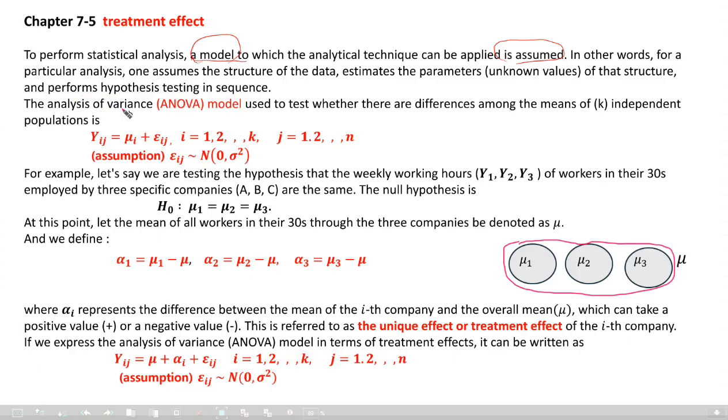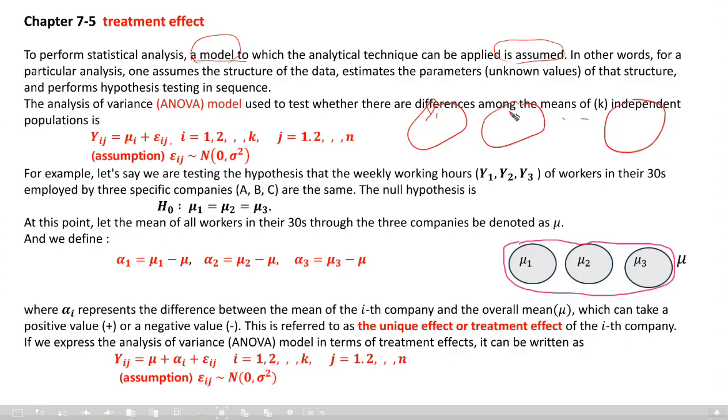The analysis of variance model is used to test whether there are differences among the means of k independent groups, and the model is going to be y_ij equal to mu_i plus epsilon_ij, i from 1 to k, j from 1 to n. You have k populations.